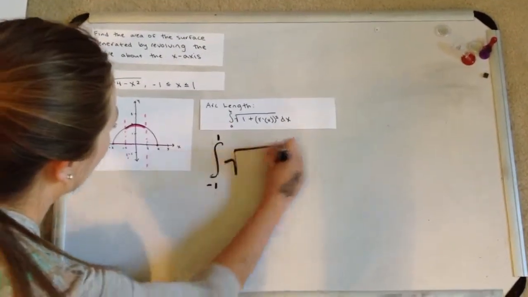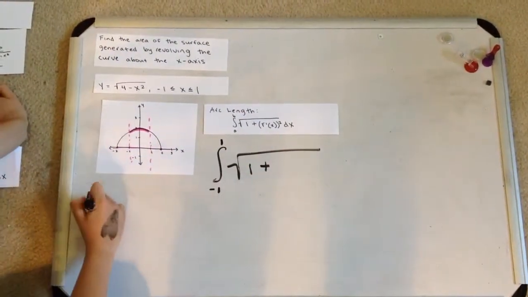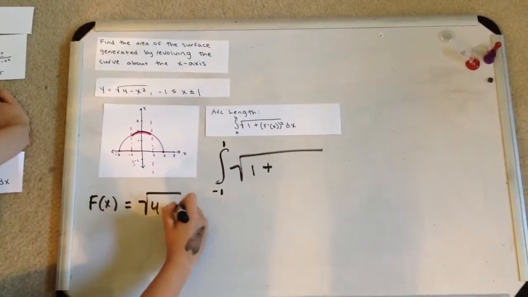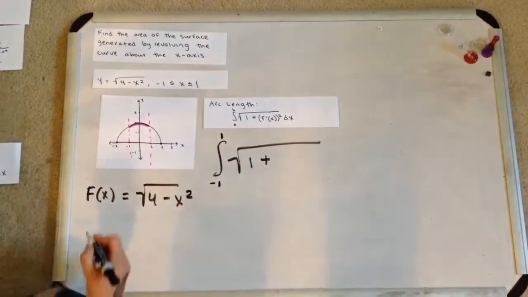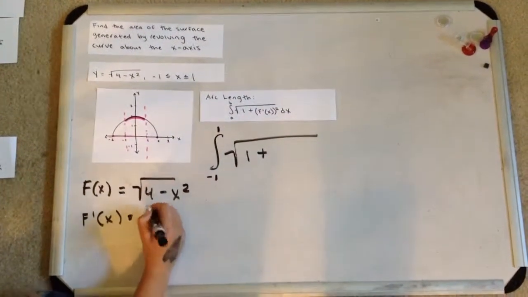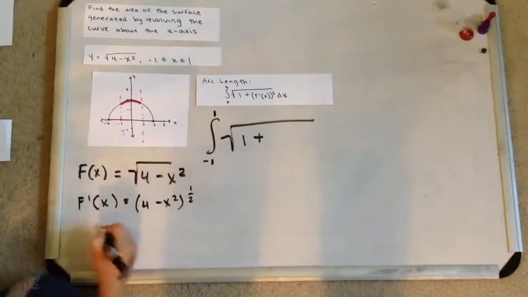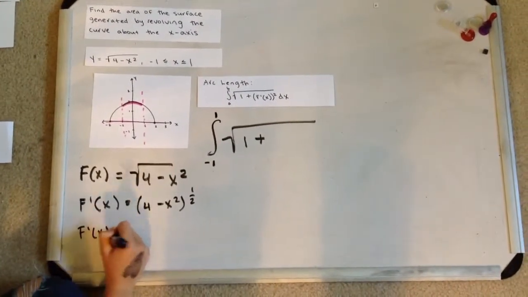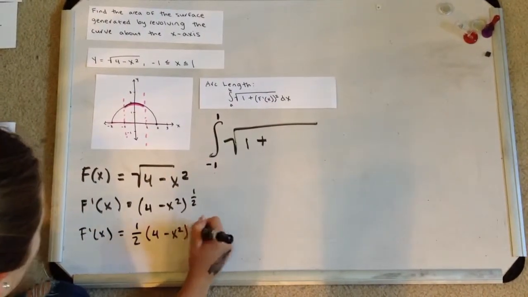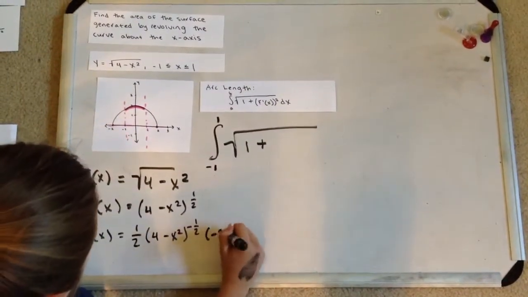of the square root of 1 plus, and we need to find f prime of x. So I have f of x equals the square root of 4 minus x squared. And so the derivative of that: 4 minus x squared to the 1/2, so 1/2 times 4 minus x squared to the -1/2, times the derivative of the inside, which is -2x.